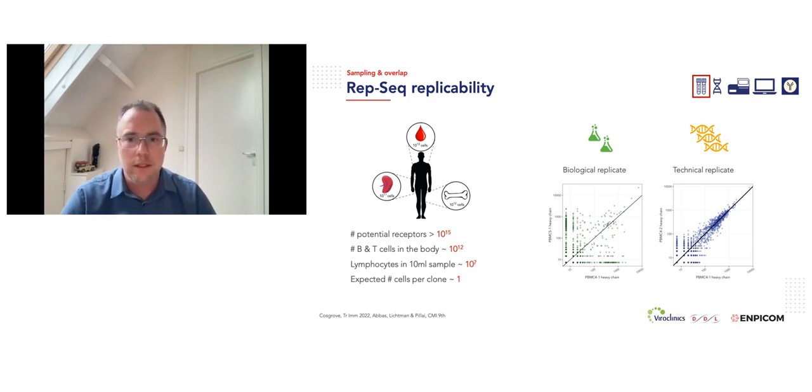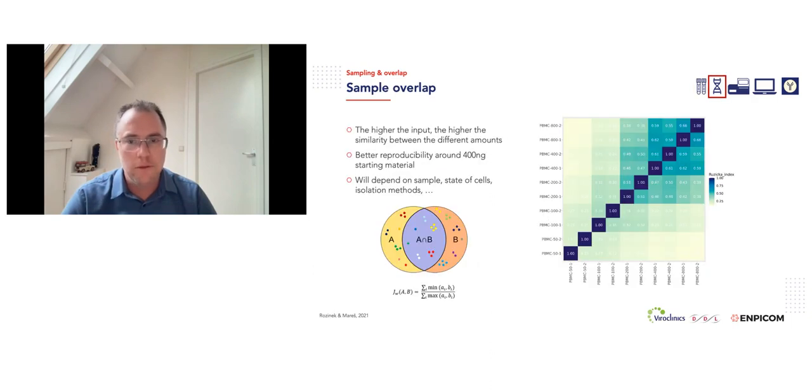So notwithstanding the difficulty of quantifying overlap, what we observed here is also that if you have different amounts of starting material, this influences the overlap that you find. If you start off with say 50 nanograms of starting material, you see that the overlap is quite small.